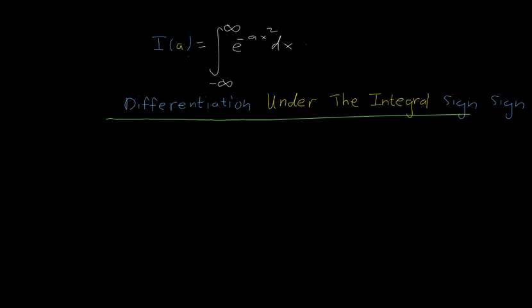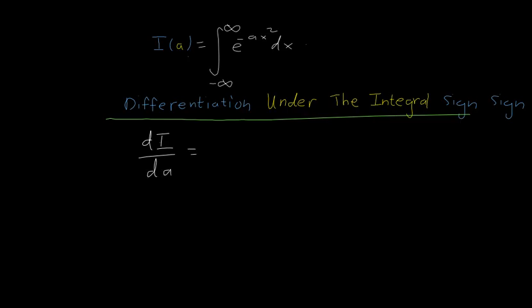So if you look at this, I of a, we have above. I differentiate both sides. Differentiation on an integral sign means that I have to differentiate both sides. So it's going to be dI/da, differentiating with respect to the parameter on both sides.